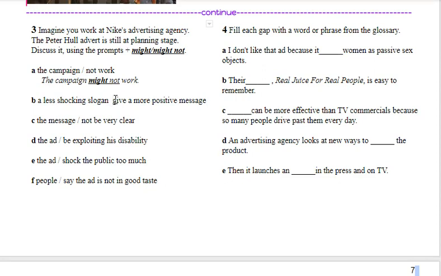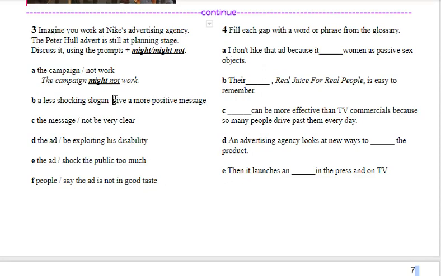Okay. So this one, the phrases are already given. So let's say, for example, the Peter Hall advert is still at the planning stage. So just think that you are discussing this one and you need to use might or might not.